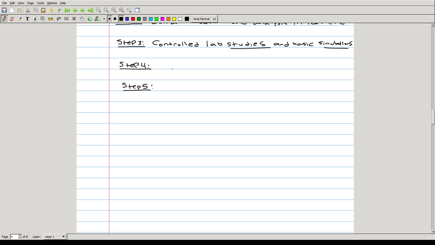Step 4 is the construction of a conceptual qualitative model. And notice that I'm using the word qualitative here, not quantitative.